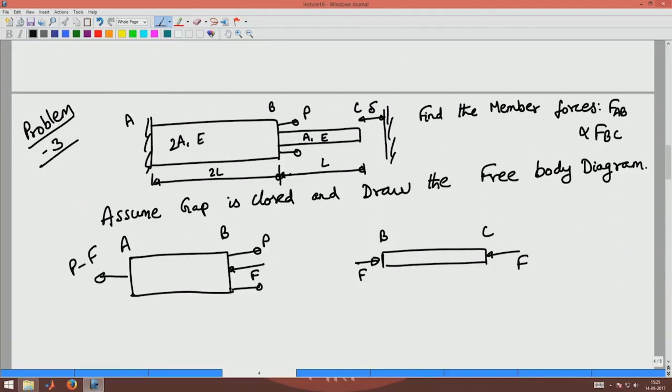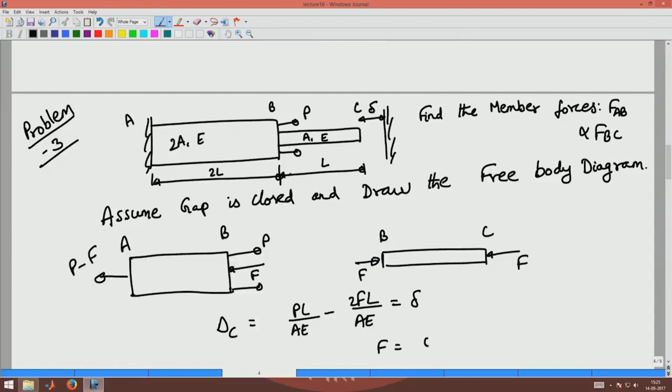this is similar to what we had in problem 2. So, delta C now would be PL by AE minus 2FL by AE, and this displacement cannot be more than delta, right. So, that is the displacement that you can have, delta C can be delta. Okay. So, you use this equation now to find what F is.